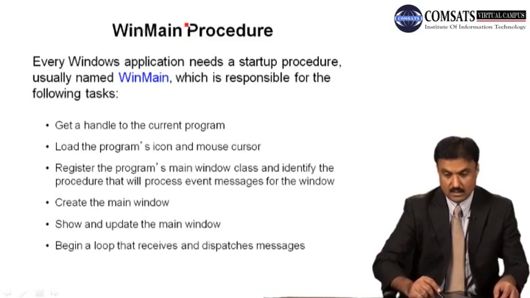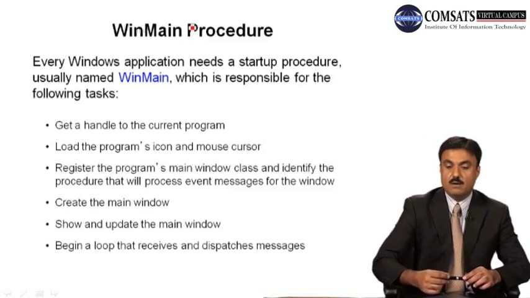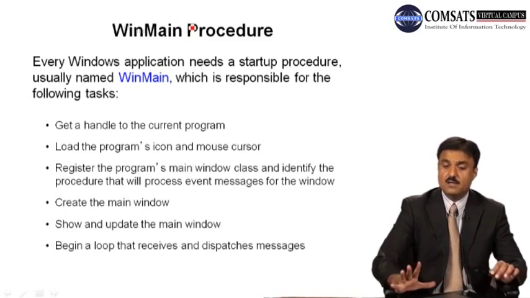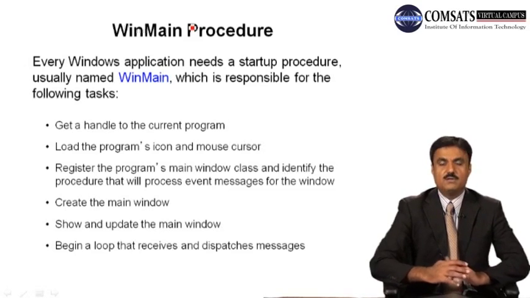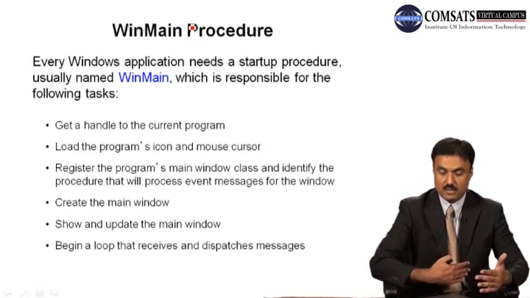Now you can see whenever you create a Windows application, we must have a WinMain procedure. Every Windows application needs a startup procedure. For example, we are using the start and the end of the start complete program.